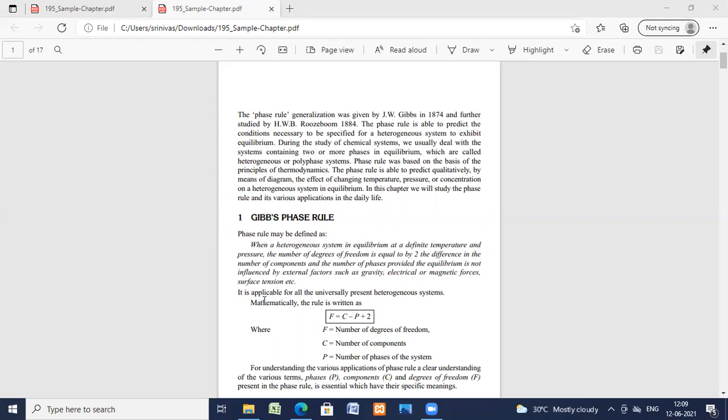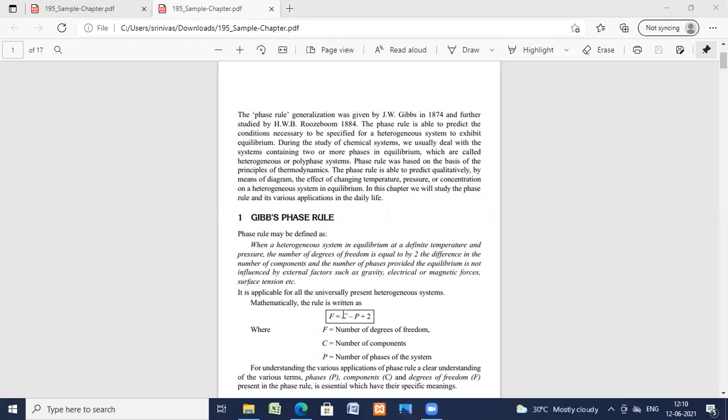The phase is denoted by P, component by C, degrees of freedom by F. The sum of the number of degrees of freedom and the number of phases exceeds the number of components by 2.